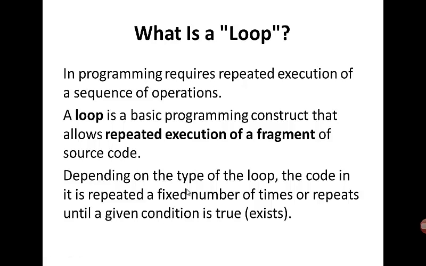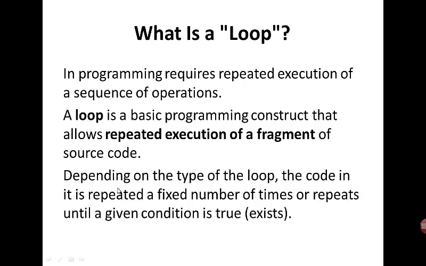Now let's talk about a loop. In programming, a loop allows us to execute a sequence of code over and over. If we want to repeat execution of a sequence of operations, we use a loop. A loop is a basic programming construct that allows repeated execution of a fragment of source code.